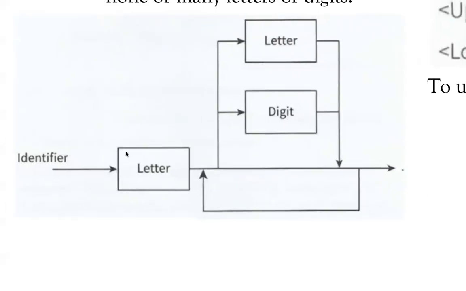Now, by definition, a non-terminal is an aspect of a syntax that requires further definition. So what this means is that, okay, it's a letter, but what is a letter? That definition is yet to come. We don't know what a letter is yet.